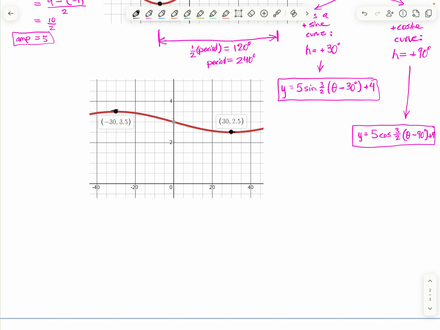And the scale is going up by units of 0.5 again. The midline, so D is equal to max, 3.5 plus minimum, divided by 2. That's going to be 6 divided by 2, so 3. That's going to equal 3.